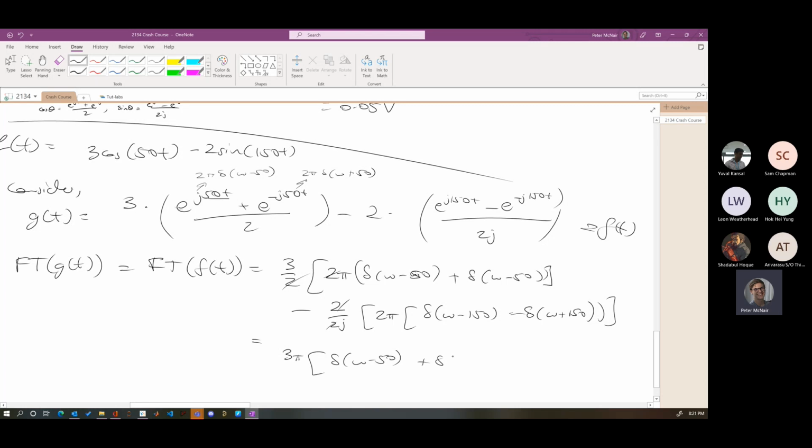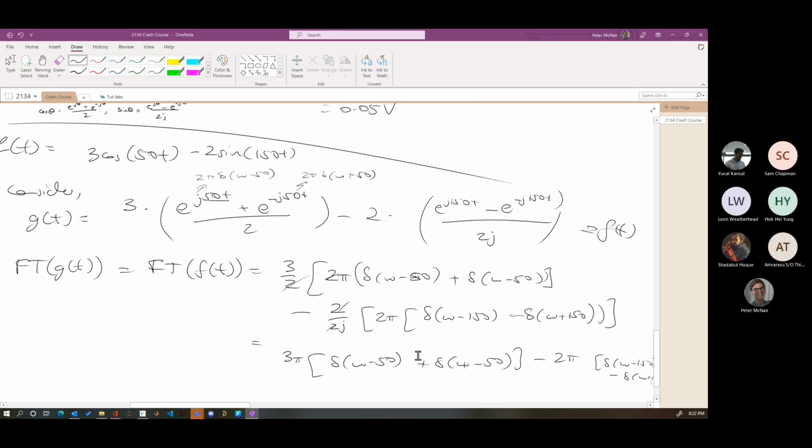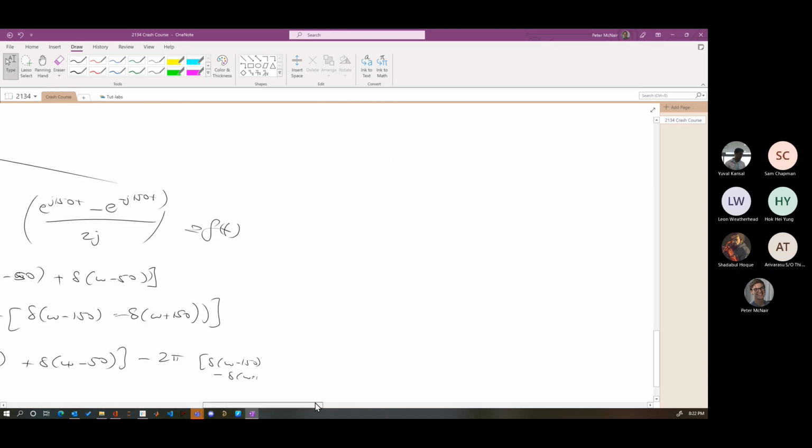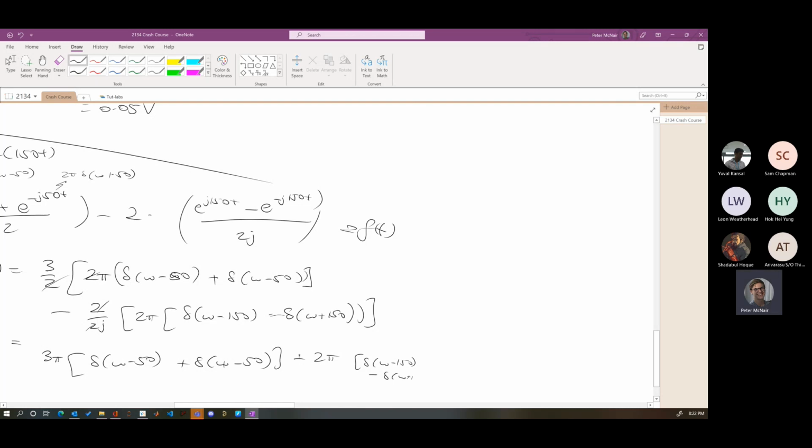But if you're feeling malicious, feel free not to, as long as it's readable. Actually it's going to be plus j 2 pi, and that, and then this is essentially our answer.